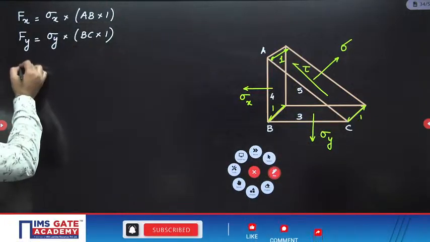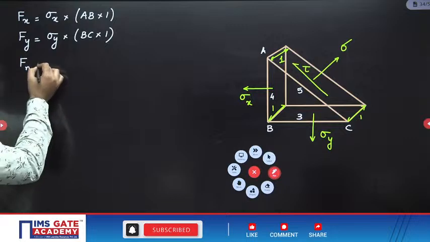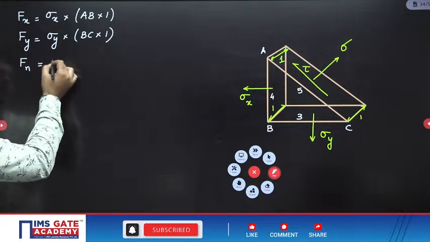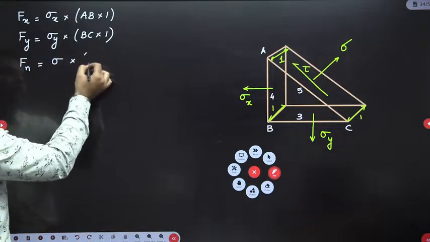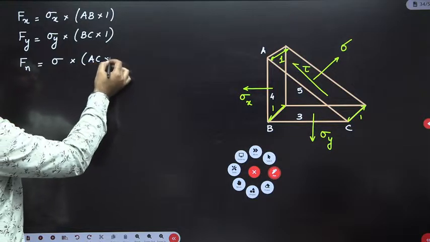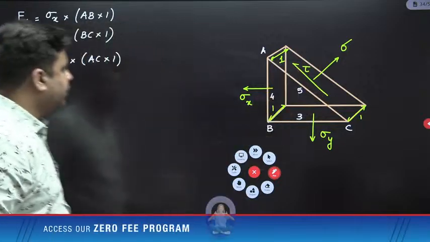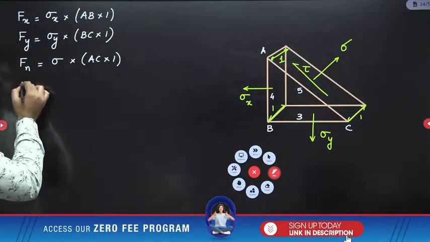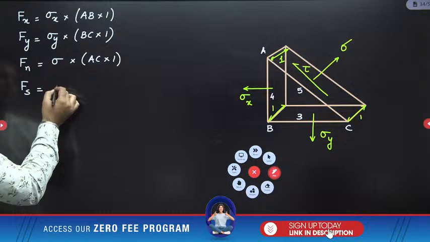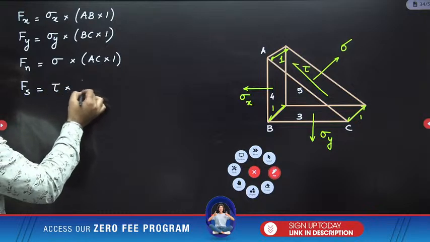So force due to normal stress is Fn, which is equal to sigma n into AC into 1. Similarly, force due to the shear stress tau is equal to Fs, which is equal to tau into AC into 1.